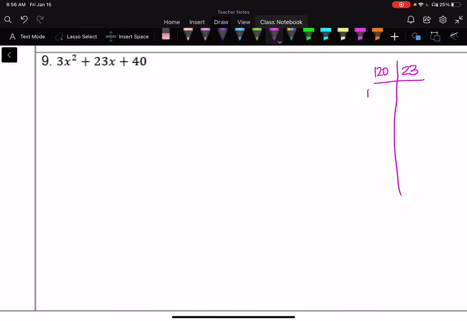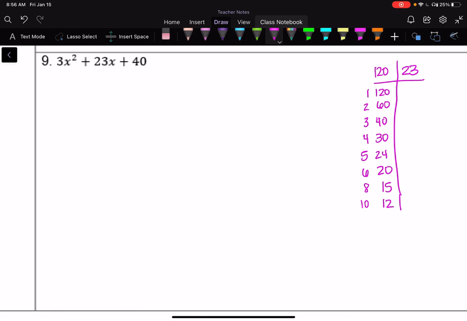1 and 120, 2 and 60, 3 and 40, 4 and 30, 5 and 24, 6 and 20, 8 and 15, 10 and 12.